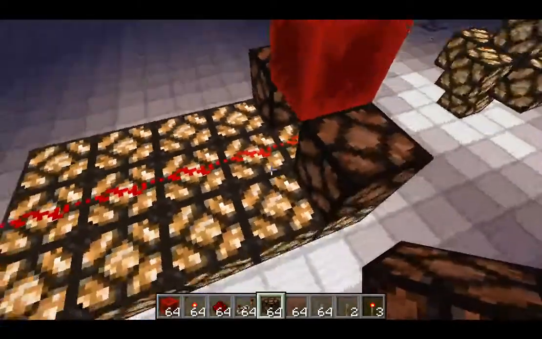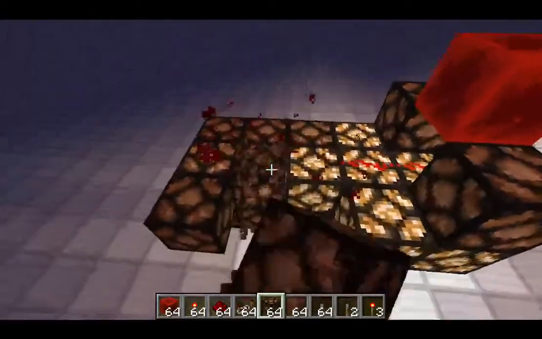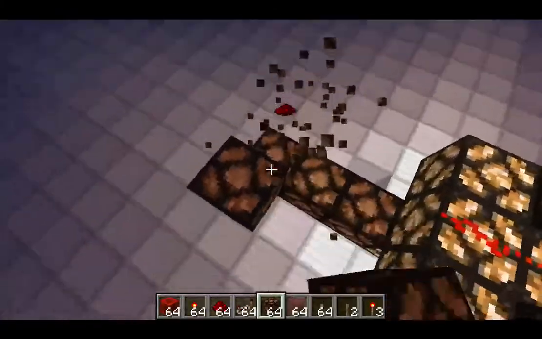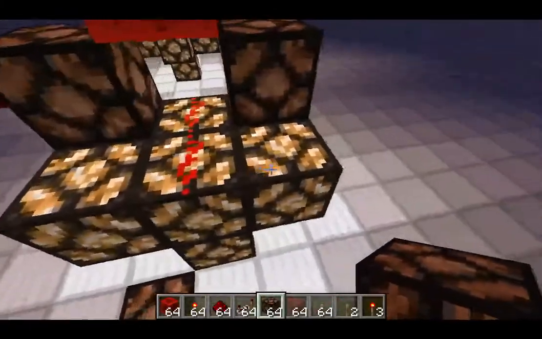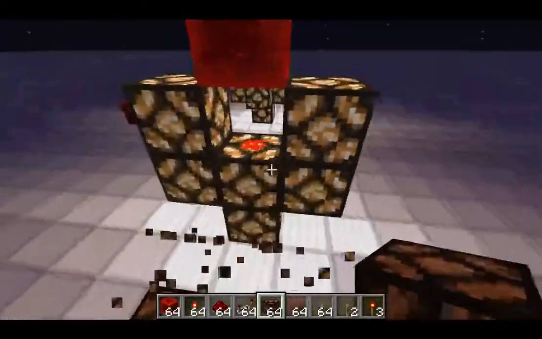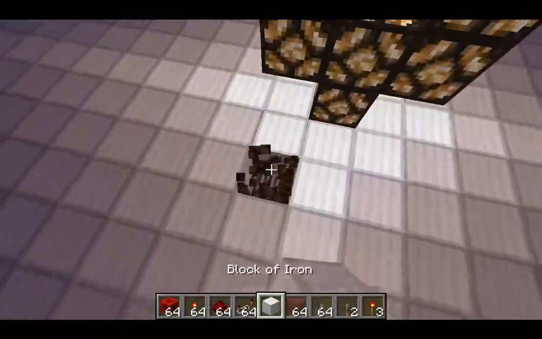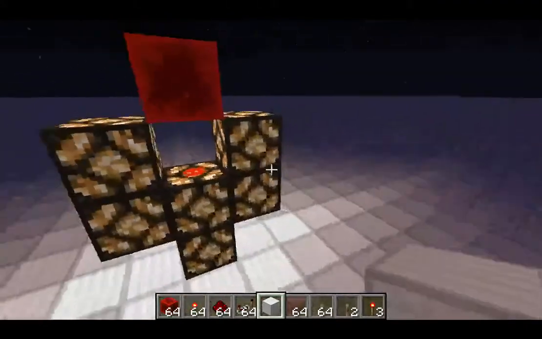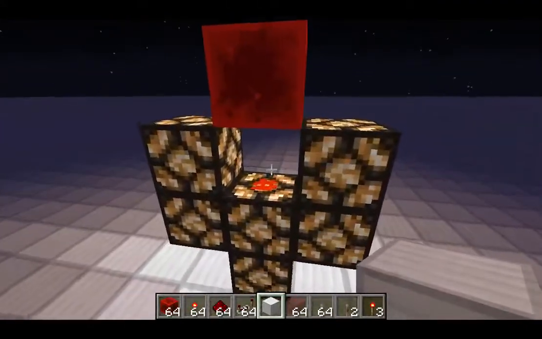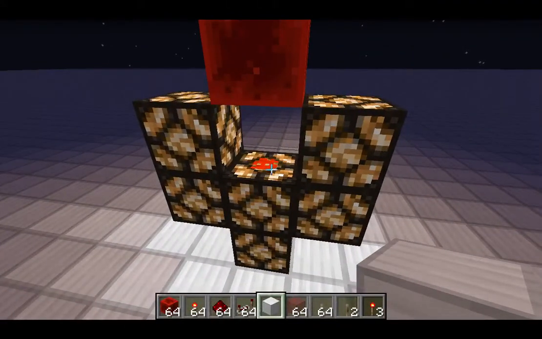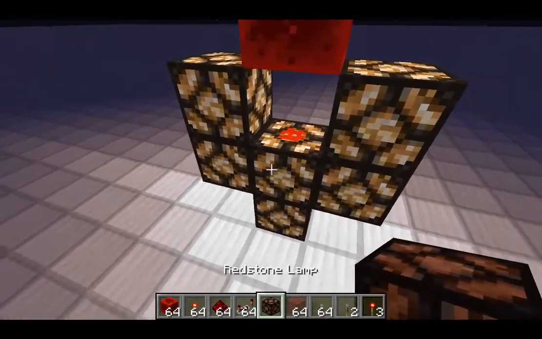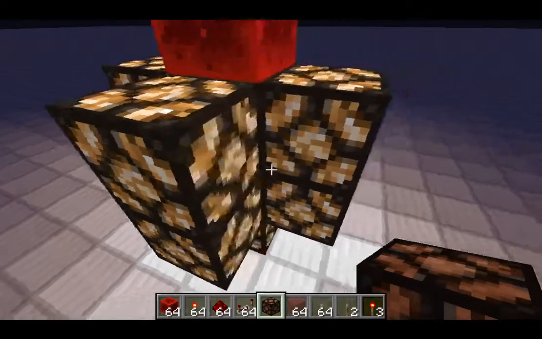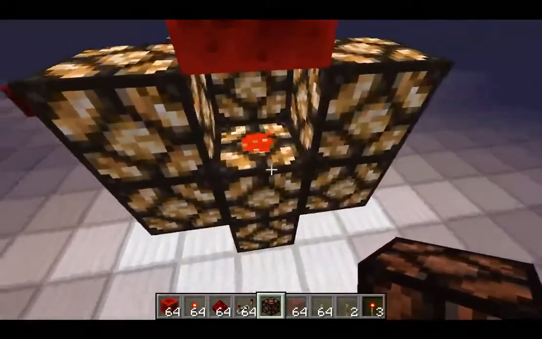However, if I were to take this redstone and make it so that it was no longer focused and had no specific point to go to, it suddenly lit up the lamps on either side of it. This is because an unfocused piece of redstone will make any block that is beside it or beneath it a powered block as well.